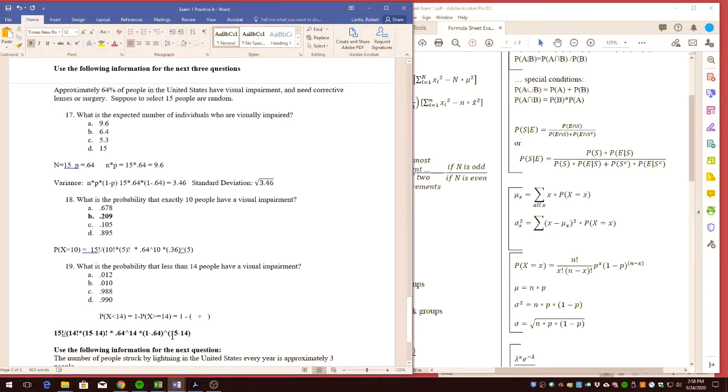So I'm just plugging my n, my x value, and my probability of success into this equation. I will then also need to find when x is 15 instead of 14. So I'll type that out. So we'll have this good to go.